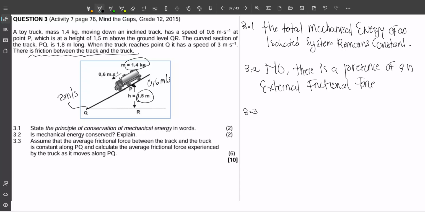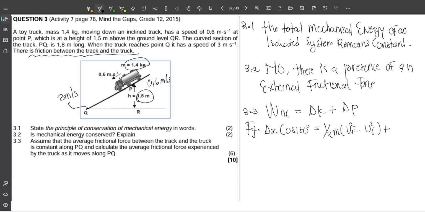So WNC equals change in K plus change in P. The work done by a non-conservative force, the frictional force, is the frictional force multiplied by the distance Δx cos 180 degrees, which equals 1/2 m (v squared final minus v squared initial) plus mg(h2 minus h1).